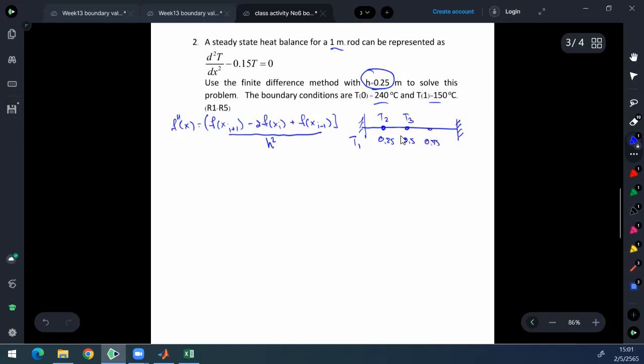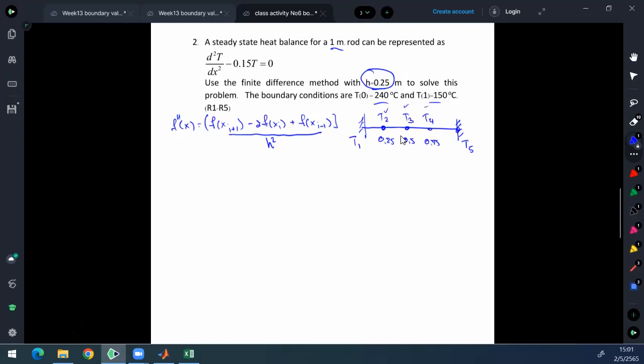At 0.75, we have T4, right? And also we have T5. So now we have just only 3 unknowns, and 3 equations, right?